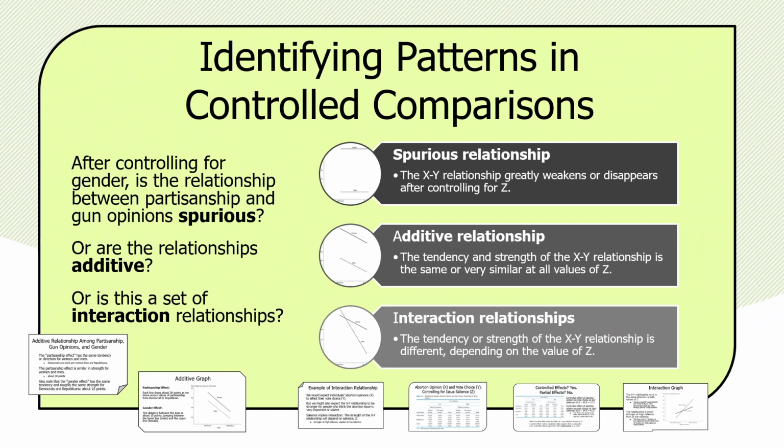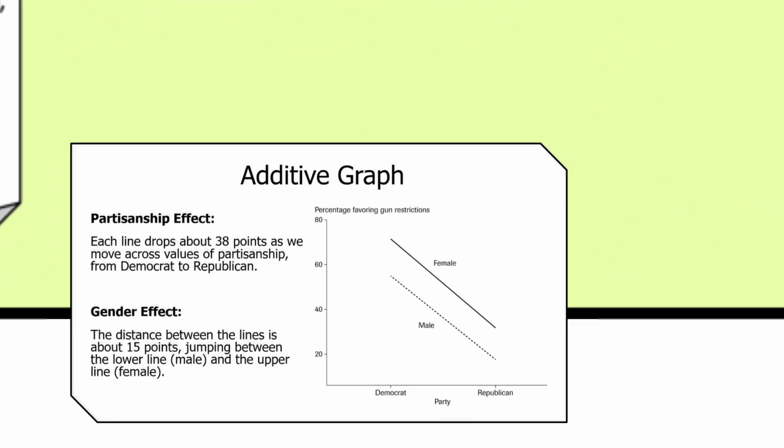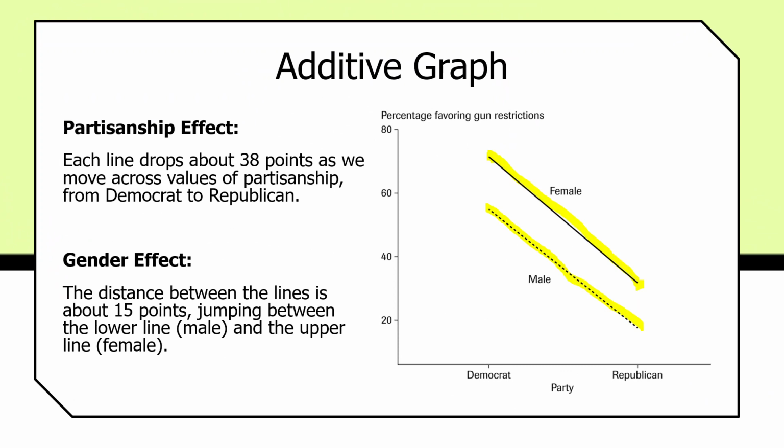Just to review, for the partisanship effect, each line drops about 38 points as we move across values of party identification from Democrat to Republican. And the gender effect, the distance between the lines is about 15 points, jumping between the lower line, the male line, and the upper line, the female line.